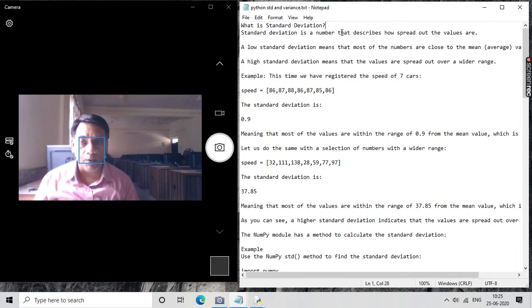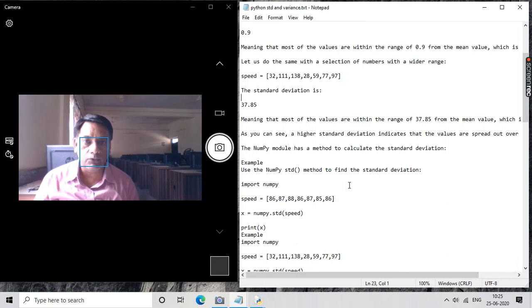This is a very popular function used with descriptive statistics, also known as an aggregate function. There are lots of examples I have shown here with the mathematical steps. You can take the benefit to understand how it is going to calculate.